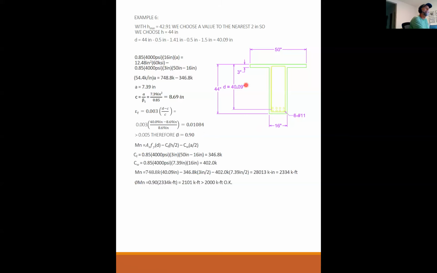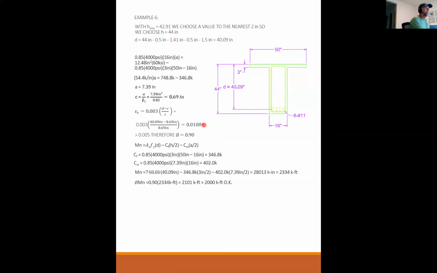Actually that wouldn't, because look, D actually ended up being about 40 inches. So what you'd have to do is, if this was not okay, and again, this has nothing to do with code, this just has to do with your target. If this is not close enough, then you'd have to go all the way back to where we iterated 36, 38, 40, 39, we would have to try 40 again and then run the problem all the way down to this point at 40 to see what we get.